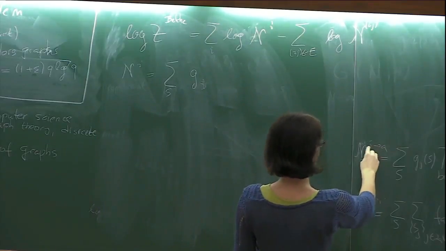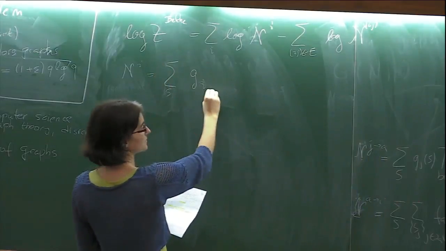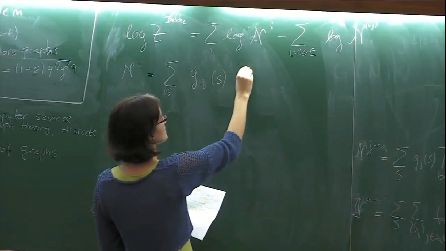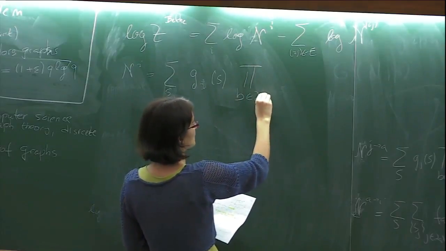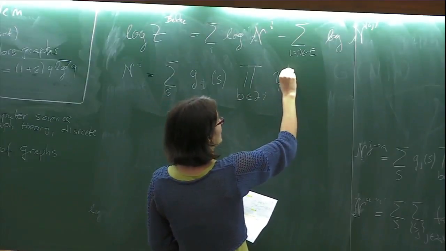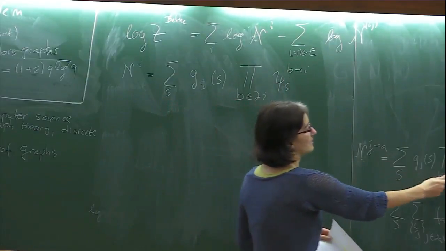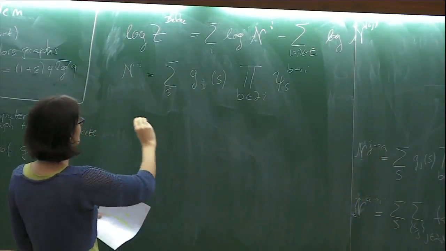This was I or J? Now this was J here, but now I'm writing it with I, so the I should be here, with the only difference that now the product here is over everybody. Now I'm not excluding anymore the guy to which it goes, because I don't have any guy to which it goes, but otherwise it's the same expression.